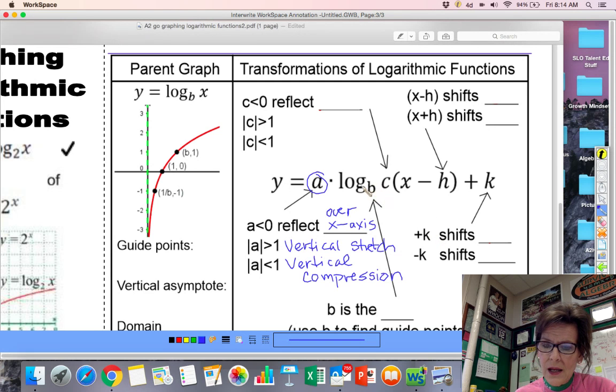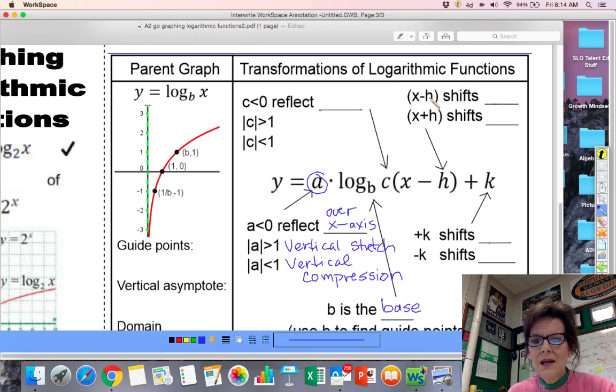The b right here in our log equation is the base, and we'll use that to find our guide points. We're going to come back to c. He's the new player. We haven't looked at him before. Inside the parentheses, a change of adding or subtracting to h creates a horizontal shift.